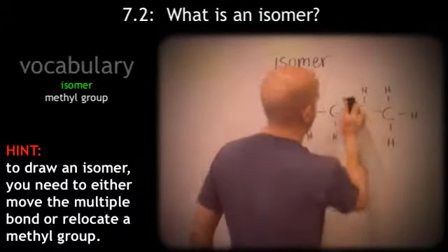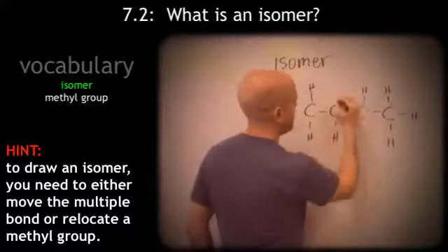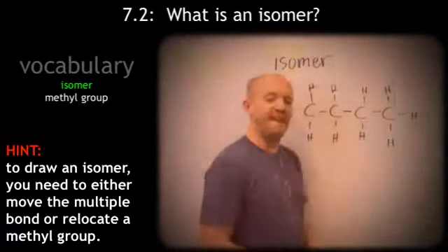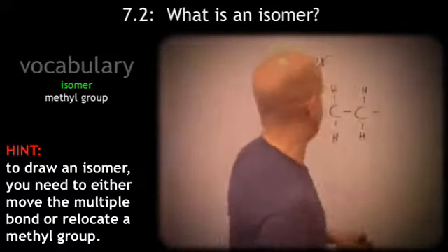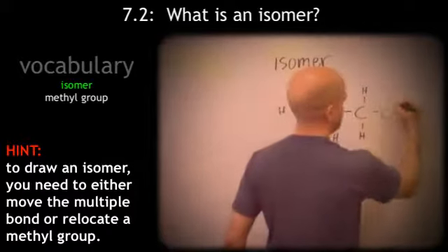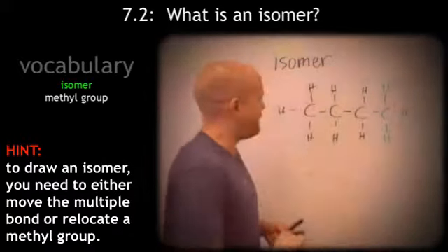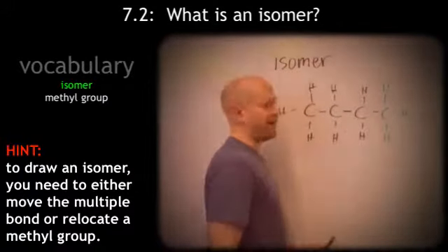However, let's look at something a little bit different, like butane. Let me redraw this so it'll make a little bit of sense. I have 4 carbons in my overall backbone.